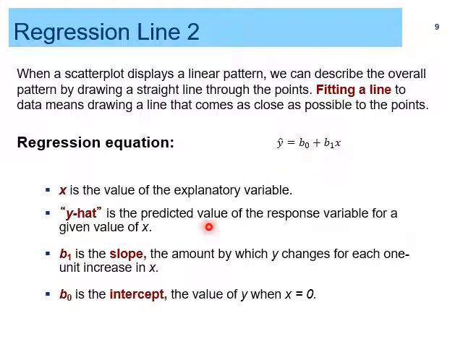b0 is nothing but the intercept. What is intercept? The value of y when x is equal to 0. b1 is the slope, the amount by which y changes for each 1 unit increase in x. And x, you already know, is the value of the explanatory variable.